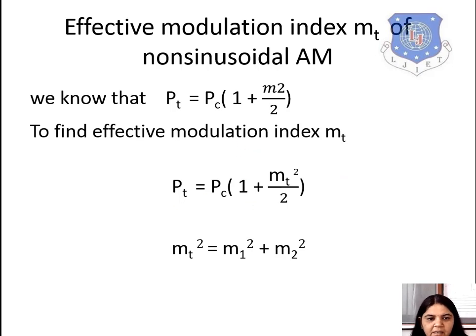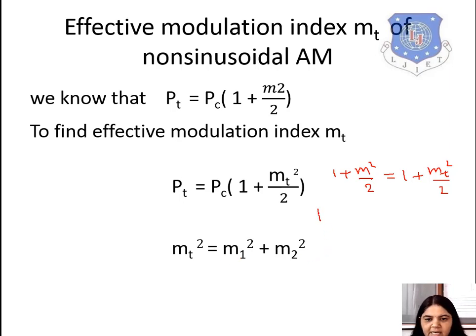So if you are comparing, what can you write? This PC can also be cancelled. So we have the equation 1 plus M square by 2 is equal to 1 plus MT square by 2. Okay, so 1 is also cancelled. So we can say that MT square is equal to M1 square plus M2 square.